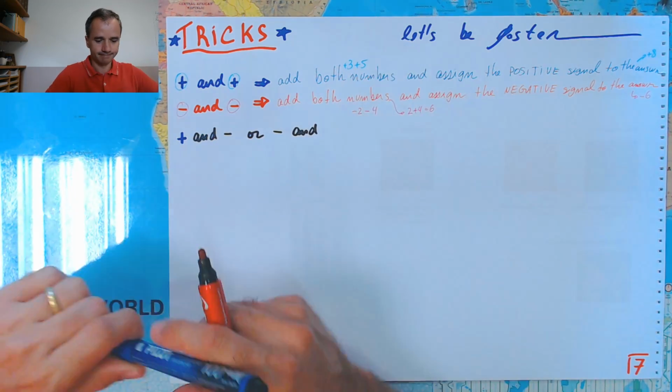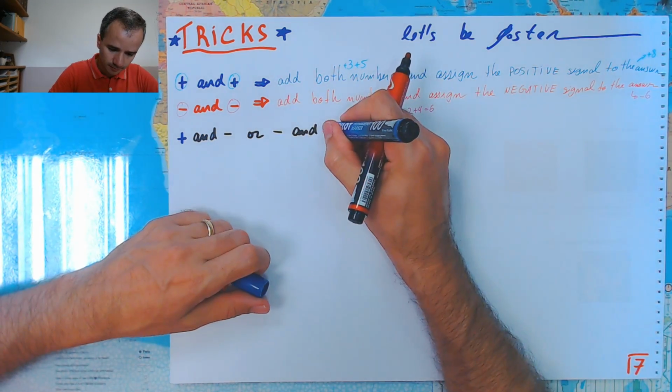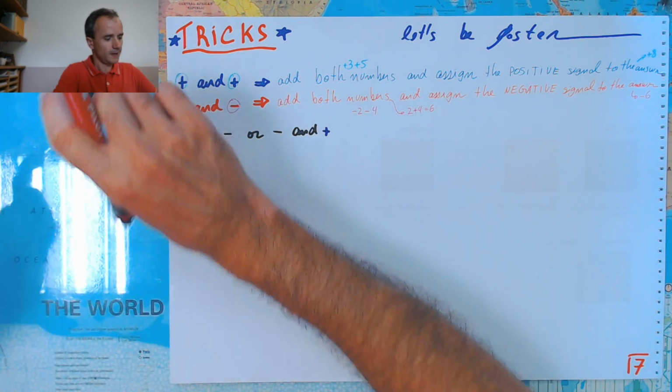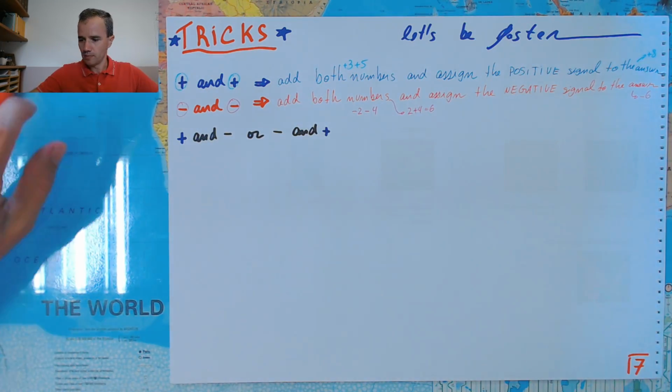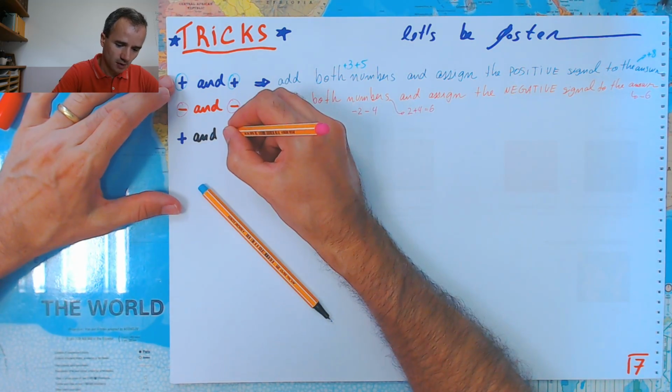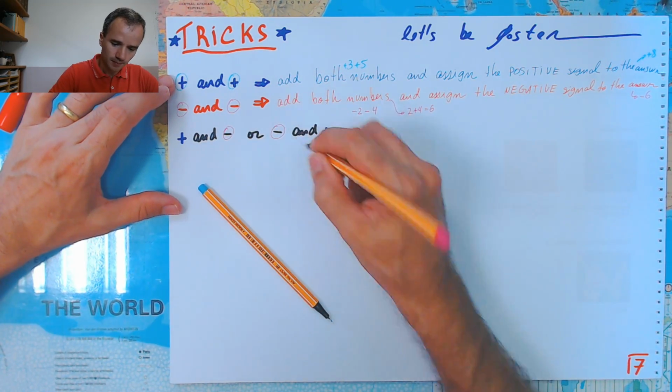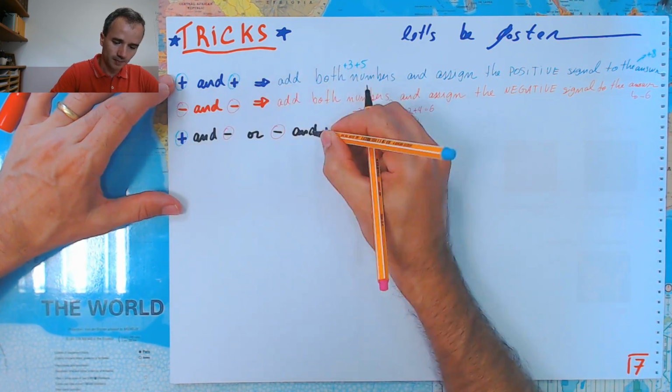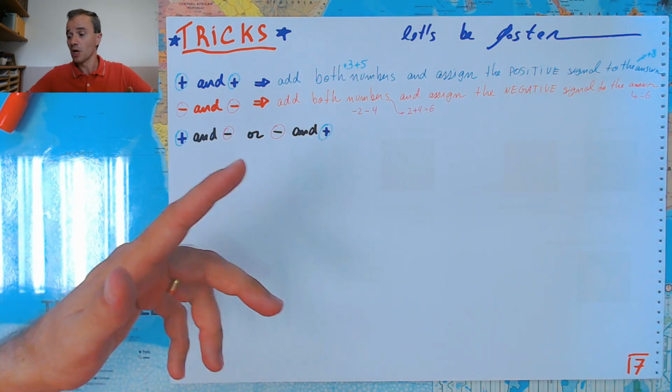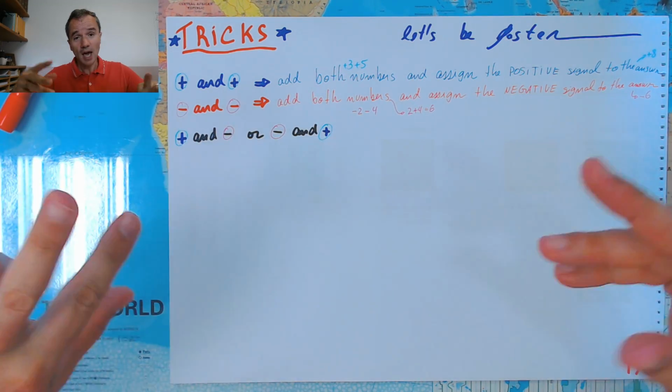Okay, the plus is still the blue one. What about if the signals are reversed? One is a plus and the other one is a minus.